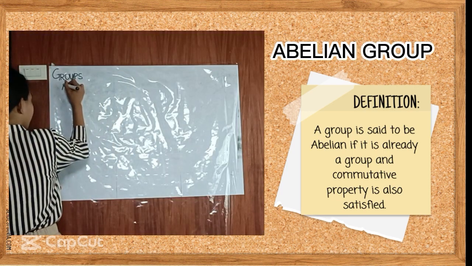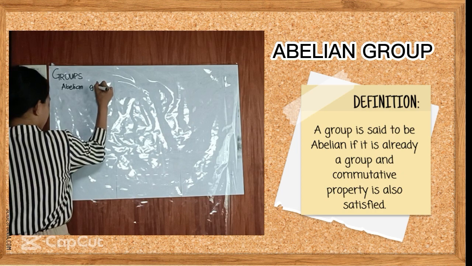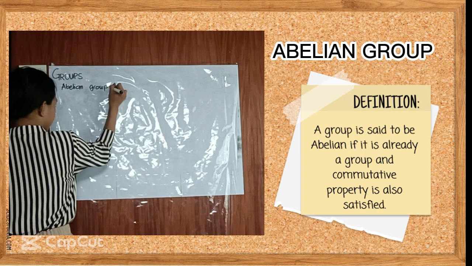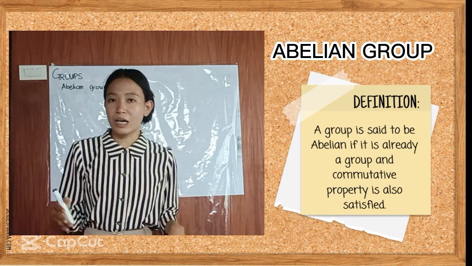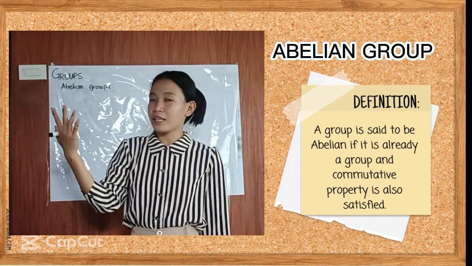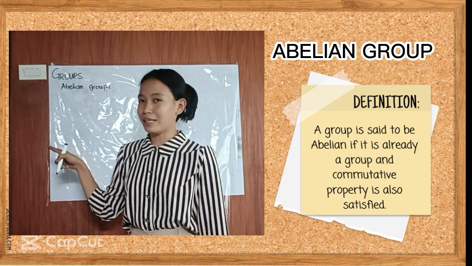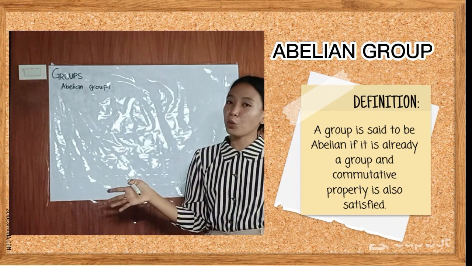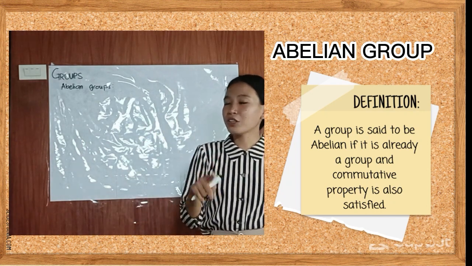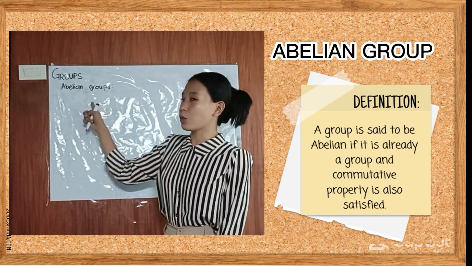Let's have the abelian groups. If a set is already a group and it is commutative, it is called abelian. So if the set is already a group, and you add the other property for abelian, which is commutative, it is called abelian.